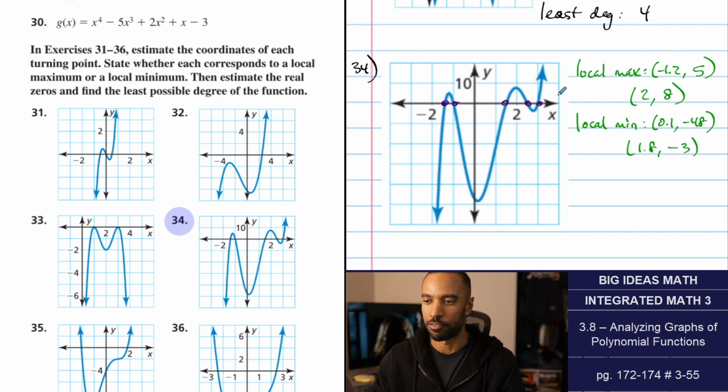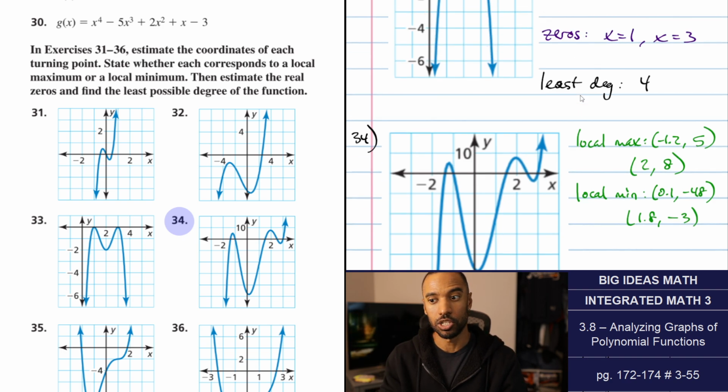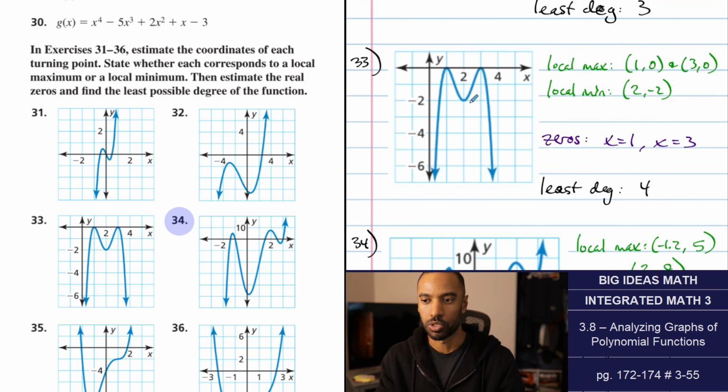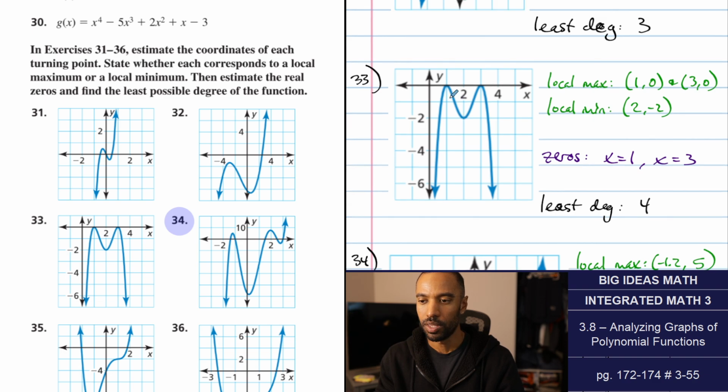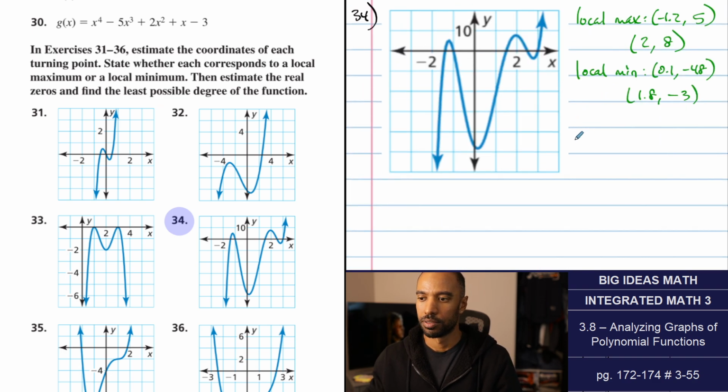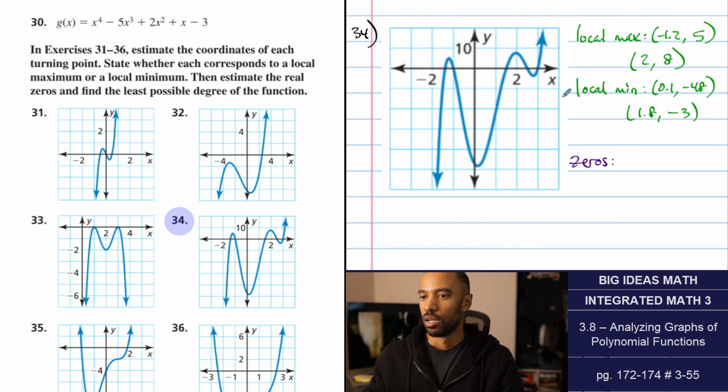Zeros. 1, 2, 3, 4, 5 of them. 5 zeros with 1, 2, 3, 4 turns. Interesting, actually. We'll talk about that in a second. Okay, zeros. Negative 2.4.